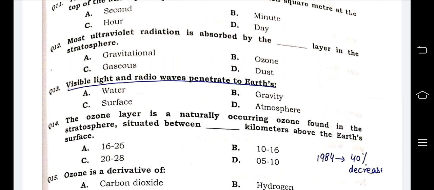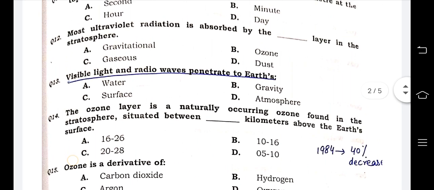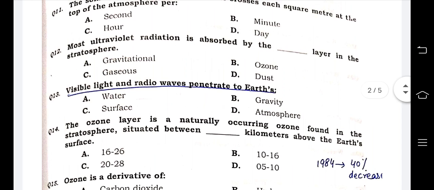So ultraviolet radiation is absorbed by the ozone layer. Visible light and radio waves penetrate to Earth's: option A water, option B gravity, option C surface, option D atmosphere. Visible light and radio waves penetrate to Earth's surface.